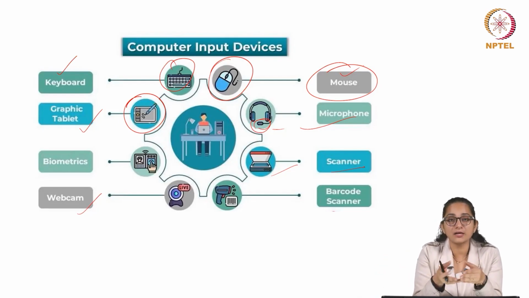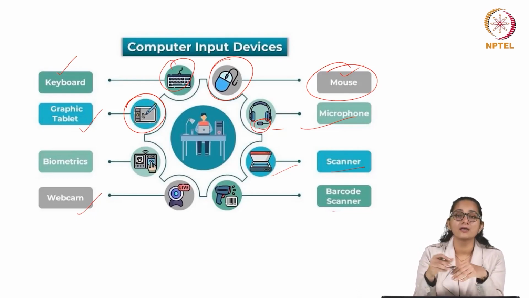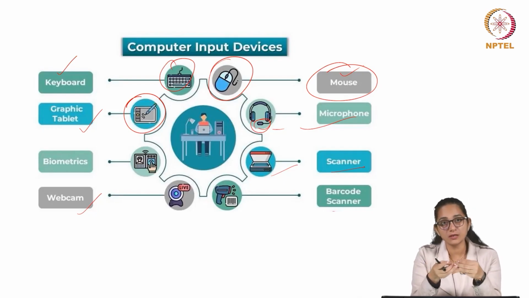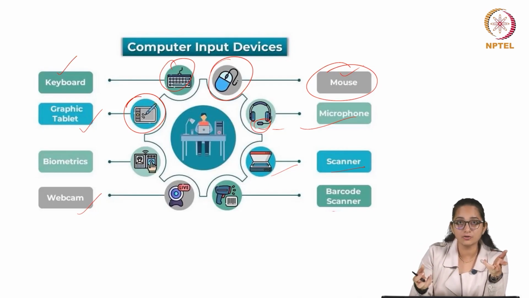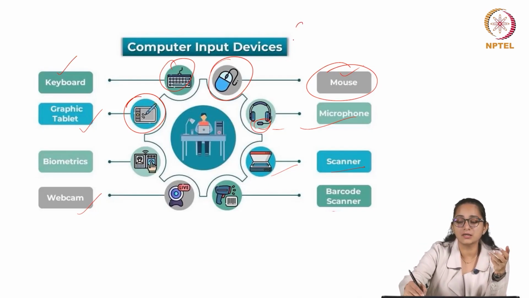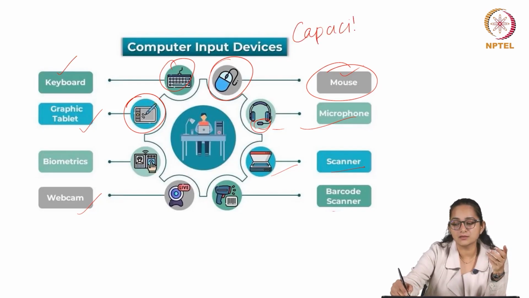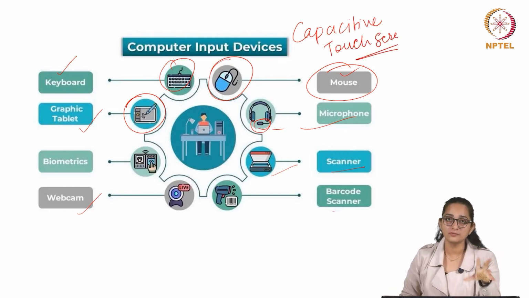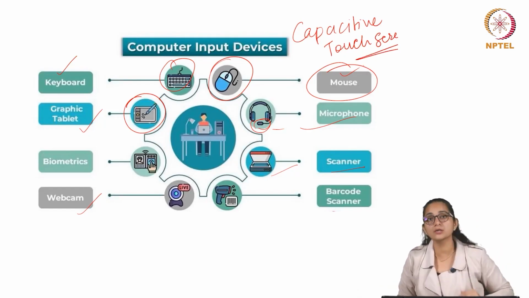The same thing translates in a capacitive touch based interface where your finger movements and your finger based pointer and touch is the cursor, is the pointer, and you can also do continuous movement. So basically you can draw on your phone also. So capacitive touch screens are one of the additional input devices which we interact with on a day-to-day basis.